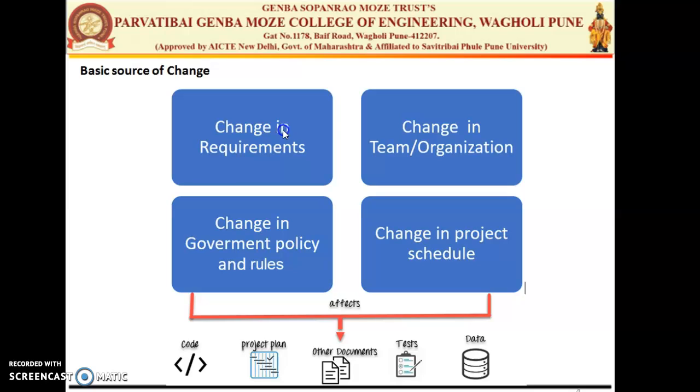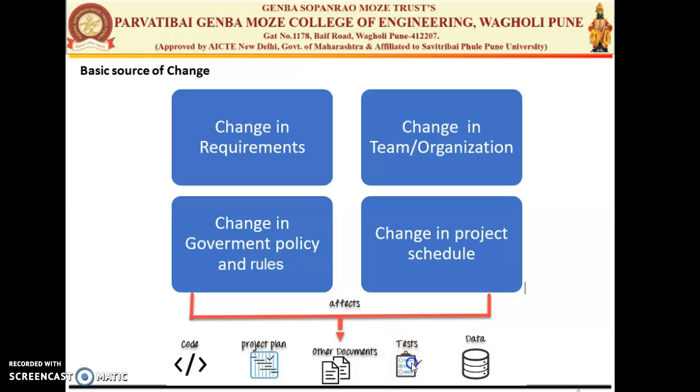So if any single thing changes, all things can be affected. So you need to do software configuration management. What things will be affected? It will affect your code. If the requirement changes, definitely the code will be affected. Your software project plan will be affected. The other documents which are prepared, such as the user manual, are affected.